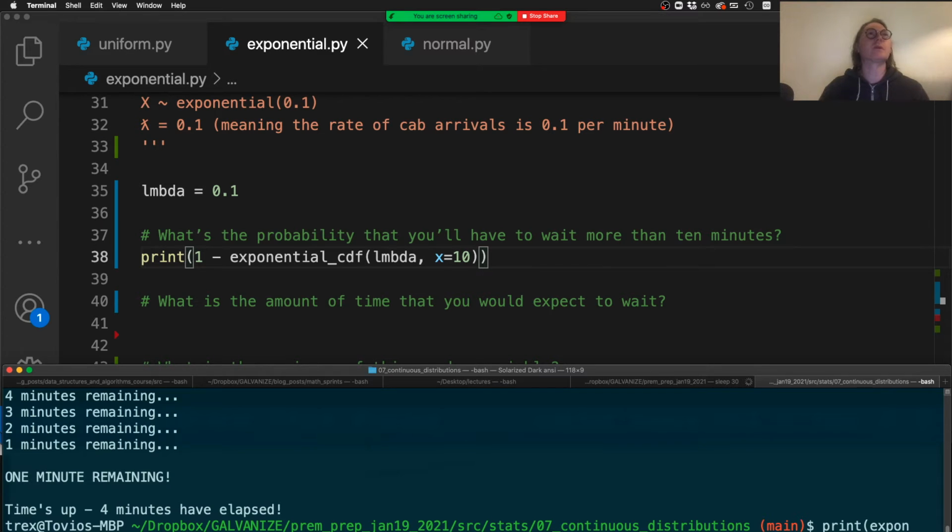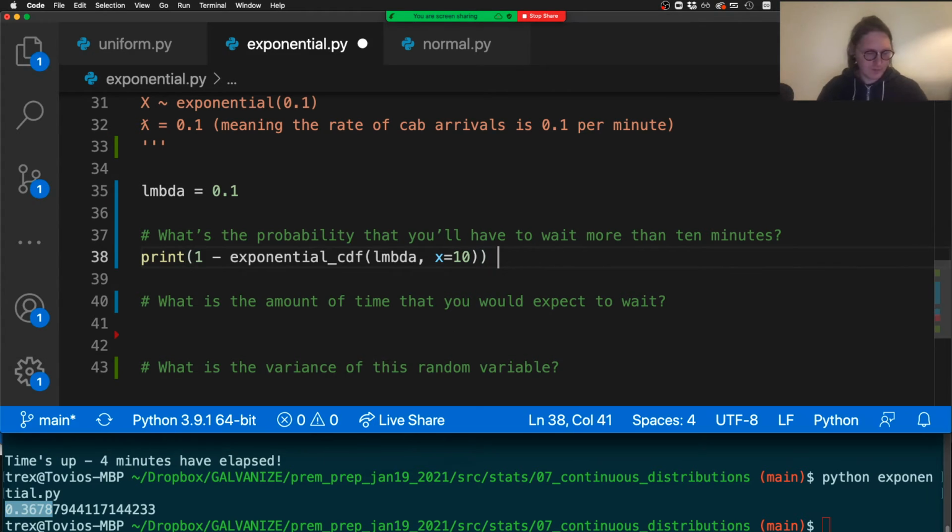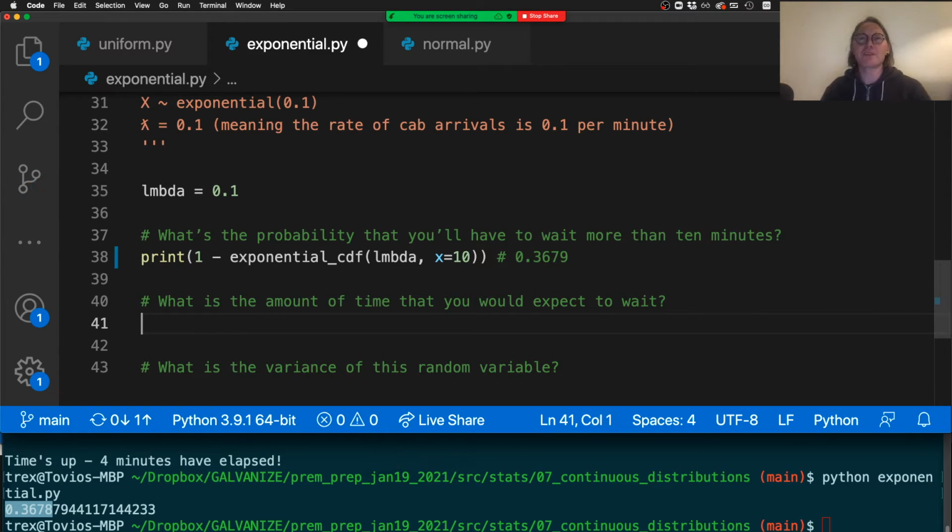Print exponential, Python exponential. Okay, so it looks like that's 0.367 or 0.368 roughly. So let me just put that in. All right. What is the amount of time that you would expect to wait?